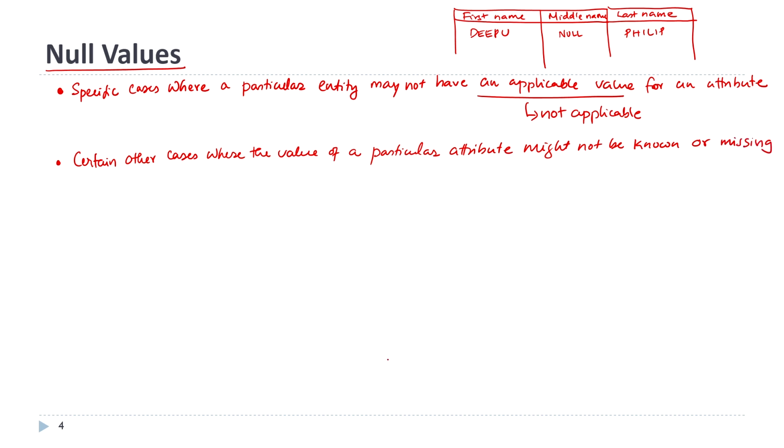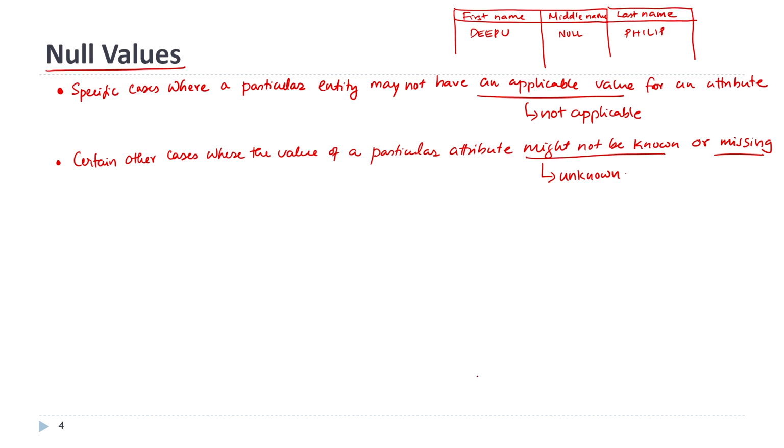You may have a scenario where you do not know the value or it is actually missing. This scenario is known as unknown cases. Unknown is different from not applicable, because in this case a value might be there, but you may not know it. If somebody asks for my date of birth and you do not know it, then that null means there is a date of birth, but it is unknown to you.